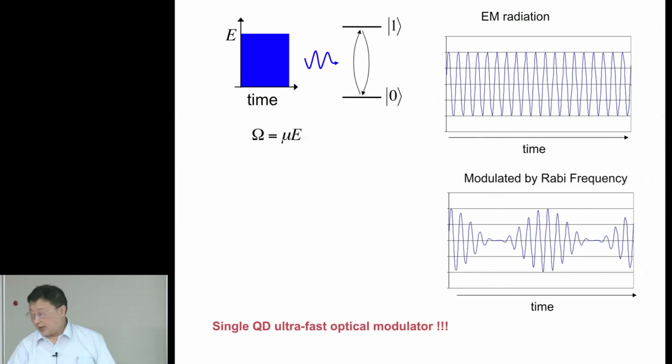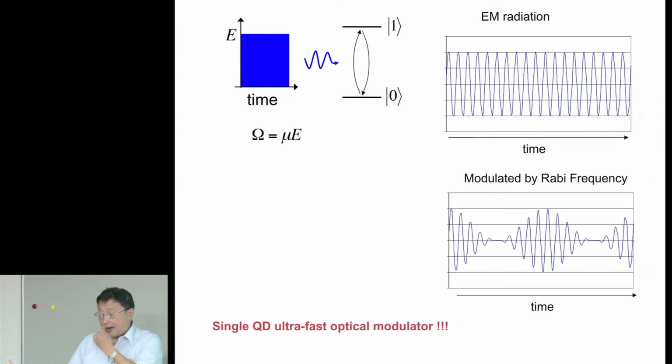You get exactly one main band and two sidebands. And the faster you modulate this, the more this sideband gets pushed out. The slower you modulate them, the narrower the sideband. So the faster you modulate means you have a larger Rabi energy, and that is the explanation.